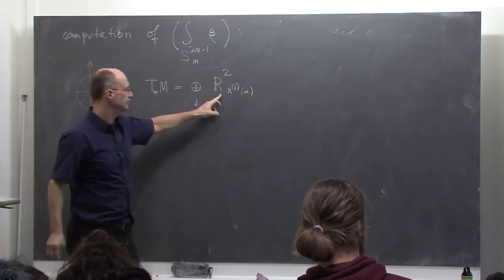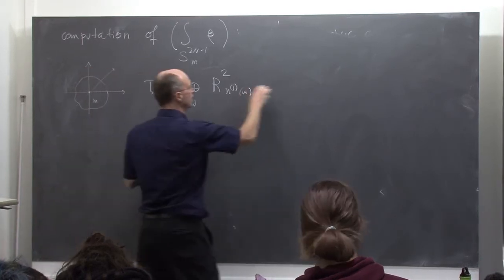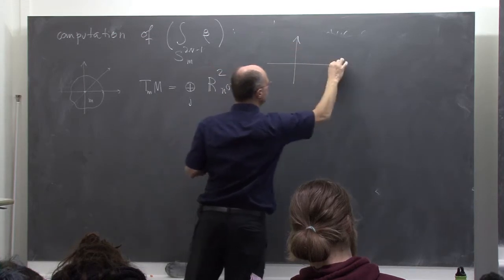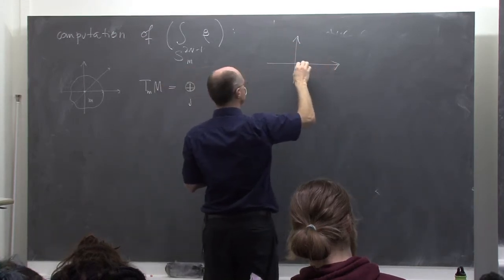And here let's introduce local coordinates on those R2s, and it will be convenient, I think, to introduce polar coordinates.